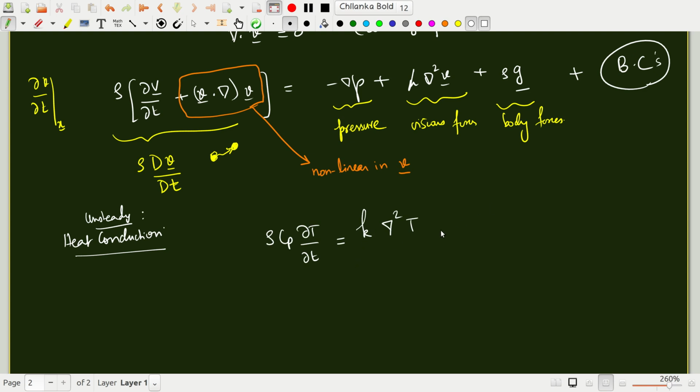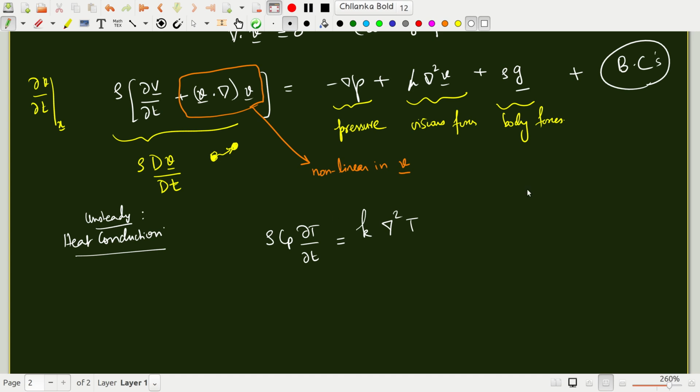So this has a lot of similarities. If you ignore the nonlinear convected acceleration term in the Navier-Stokes equations for the moment, and say that there are no body forces, and ignore the pressure forces for the moment, the equation for velocity is identical to the heat conduction equation.